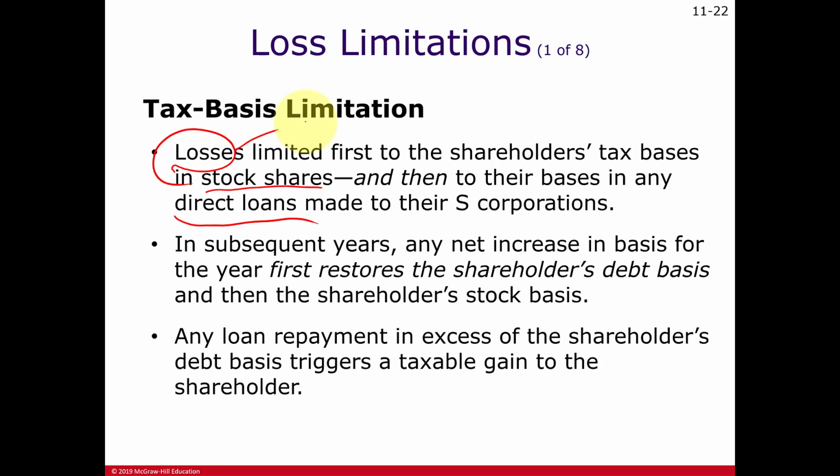So not only do you look at the basis of the stock that the shareholder has, but also the basis of any loan the shareholder has lent to that corporation.